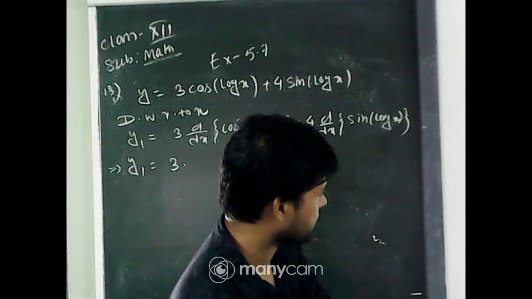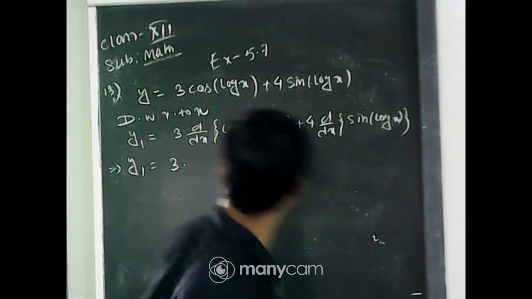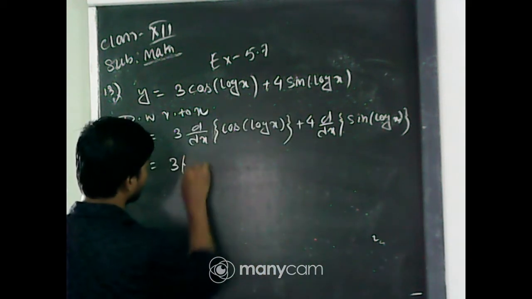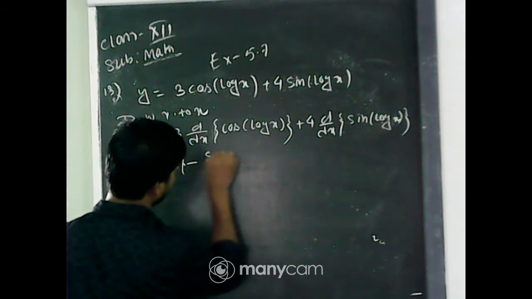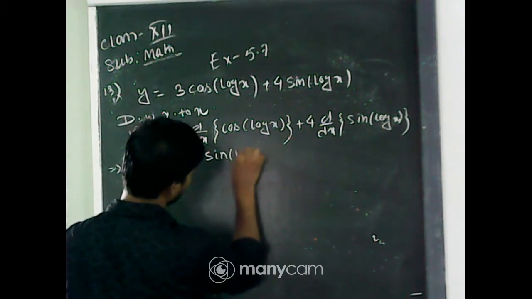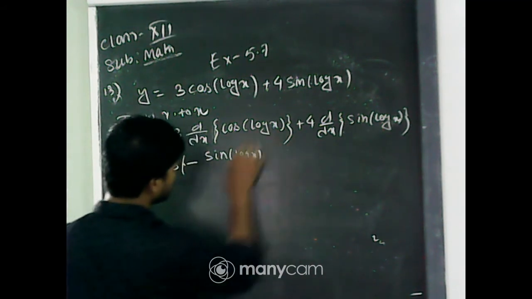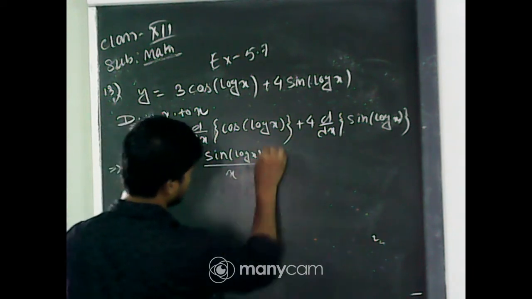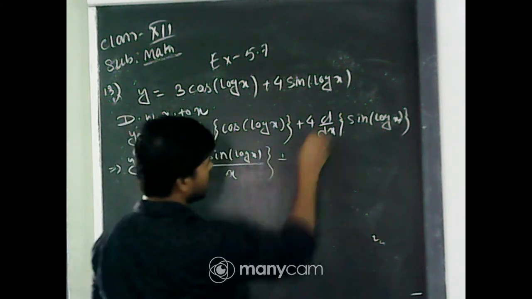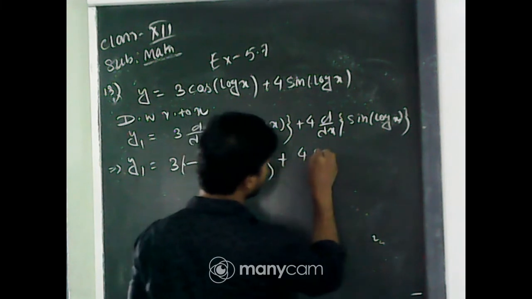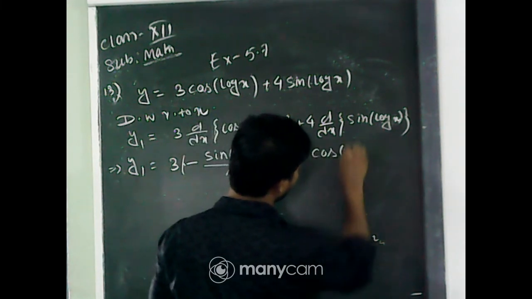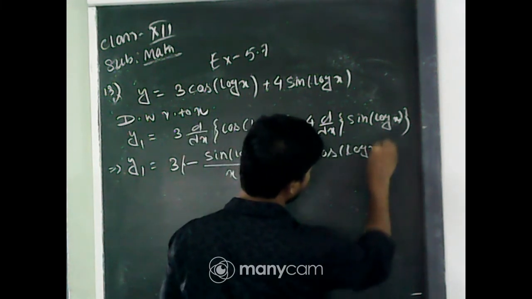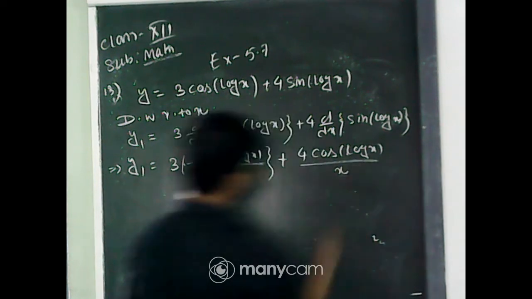Very good, Akash. Minus, derivative of cos is sine, into derivative of log x, which is 1 by x. Similarly, that will be 4 cos of log x by x.